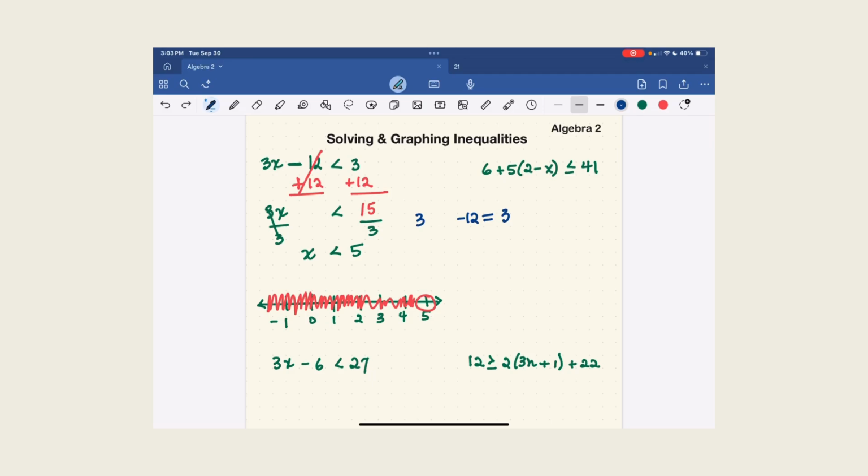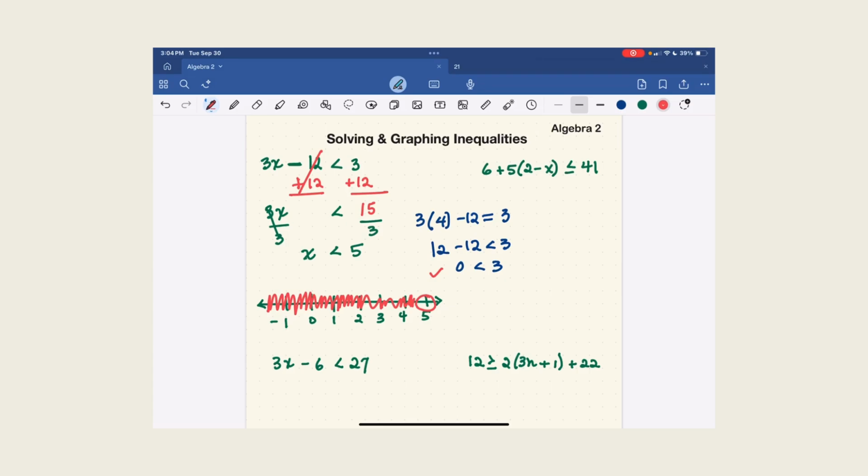I'm going to use 4 because that's a value that's less than 5. 12 minus 12 is less than 3. 12 minus 12 is 0, and 0 is less than 3, and the solution is correct.